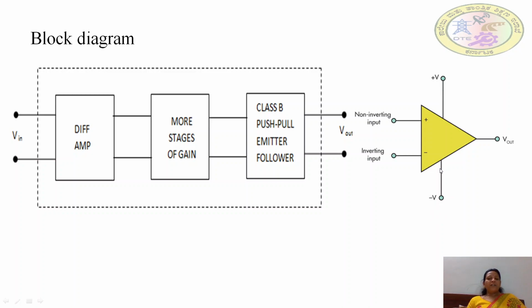For example, if you give +12 volts and -12 volts to the operational amplifier, the signal you give at the input will be amplified and oscillate only between +12 and -12, not beyond that voltage. So they require both positive as well as negative supply DC voltages for their operation.